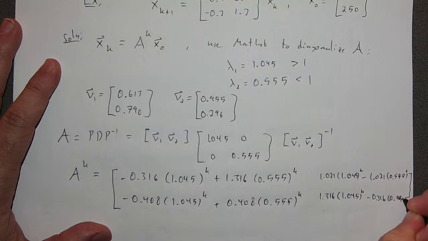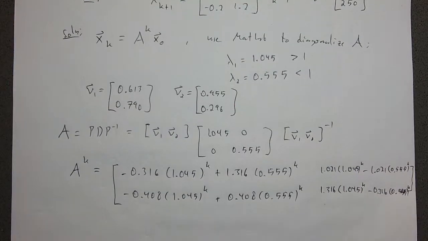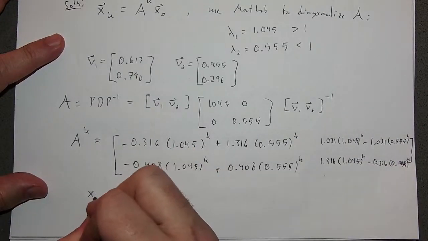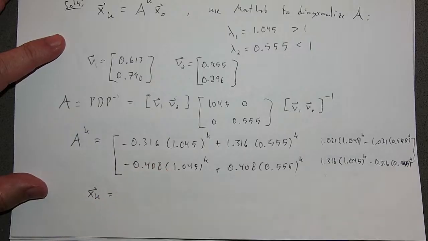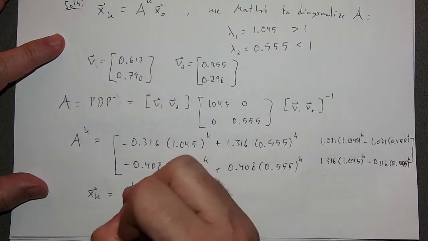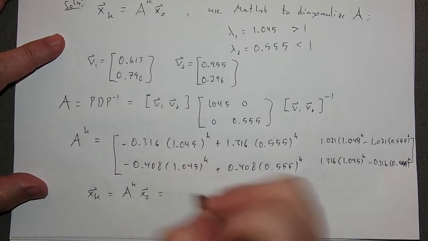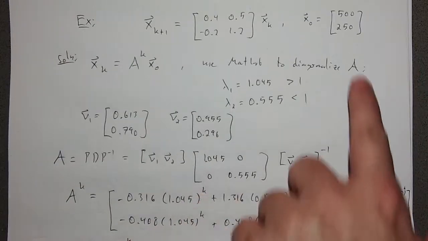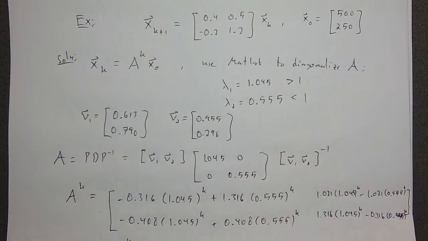I just want you to see the form that this takes and how what we did previously allows us to solve for this. So, using this to compute x sub k, this is A to the k times x naught. This x naught is 500 to 50, recall.